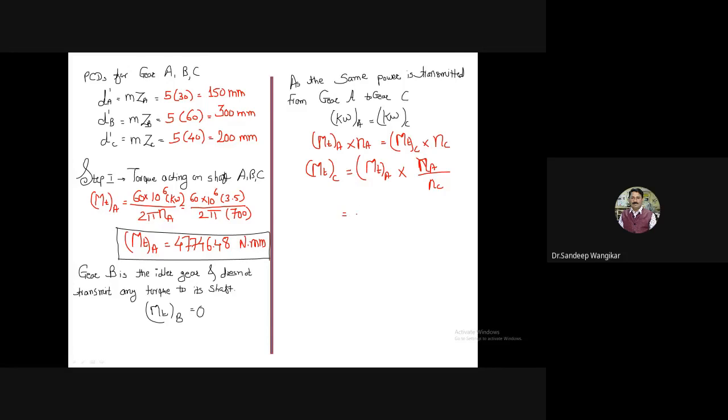So substitute the values: 47,746.48 into NA 40 divided by 30. Here you will get the answer. Torque transmitted by gear C is equal to, in Newton millimeter. So calculate the answer and let me know.